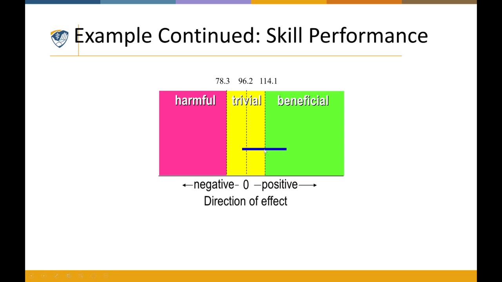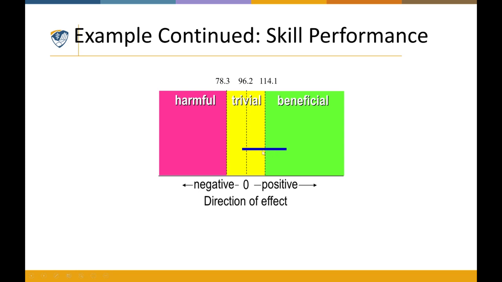Now, this difference was statistically significant, but this limits its clinical significance because the lower boundary does cross the null hypothesis, and there's a proportion where there's a likelihood that the population response would actually be in the trivial area, but there's an almost equal likelihood that the response in the population would actually be beneficial.